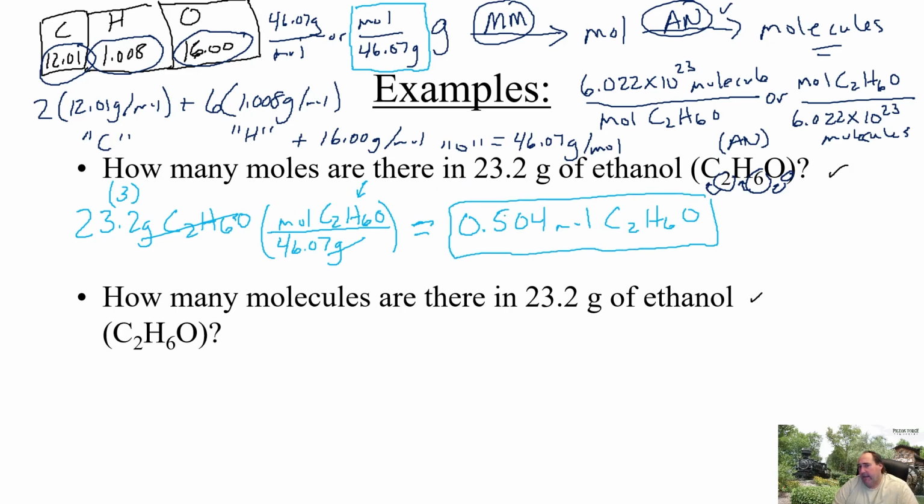Now, on my calculator, I got 0.503581506. It's important to remember that in this case, we do want to give our answer to proper sig figs for our first question, but we're really going to be continuing on and using that number in the next calculation, which is down here.